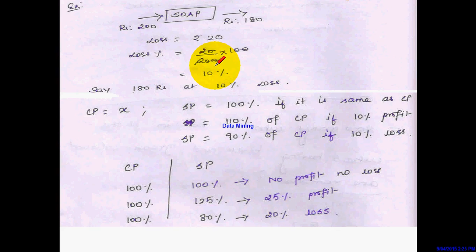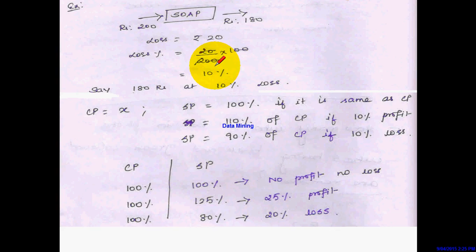Since my cost price is 100%, I have incurred 10 as profit. Since it is a profit, I have to add. If it is a loss, you have to subtract. So 100 plus 10, which is 110%. So my selling price is equal to 110% of my cost price if the transaction incurs a 10% profit. That is the second case.